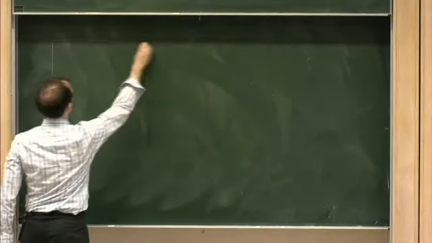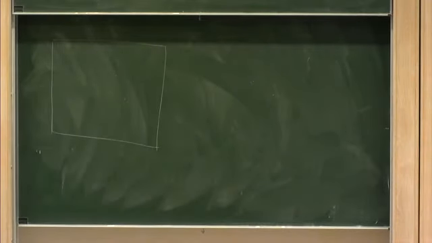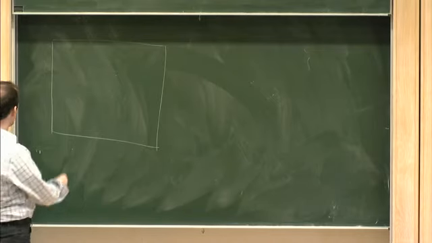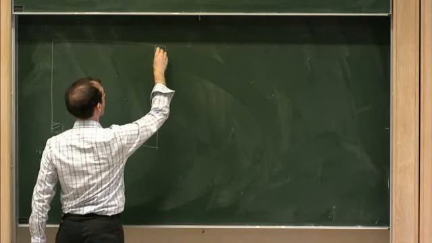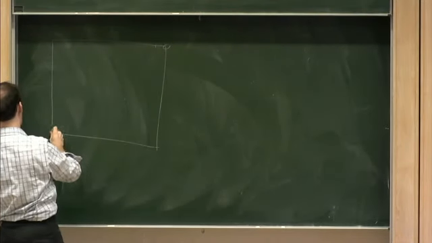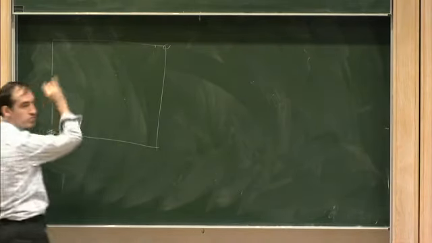So you can play slightly different games, and instead of taking the two configurations on the same graph, you can take slightly different graphs. So I'm going to take a big square now.